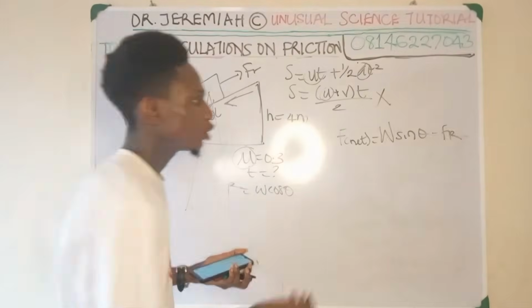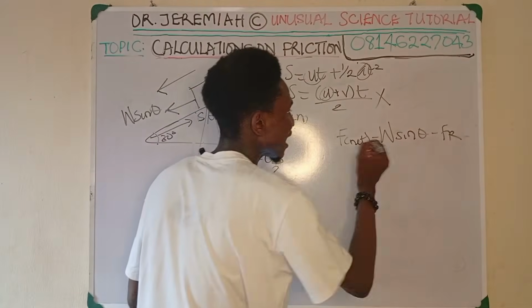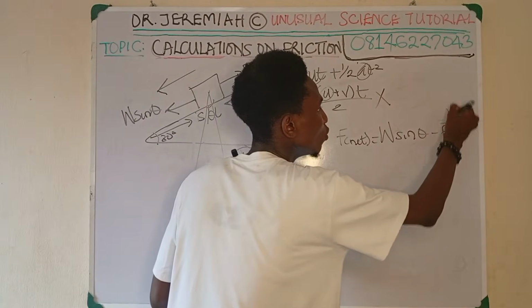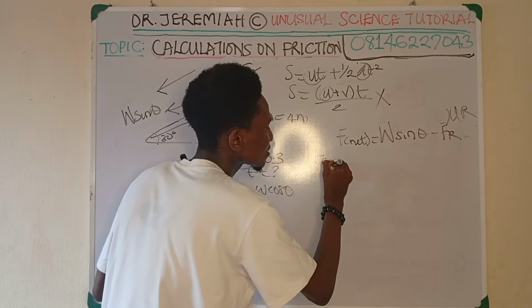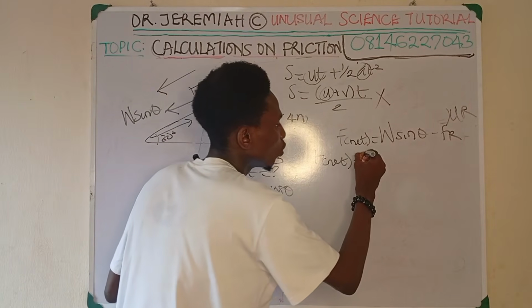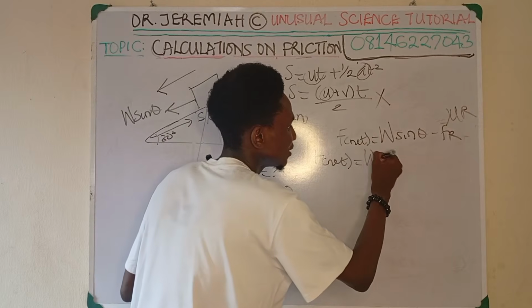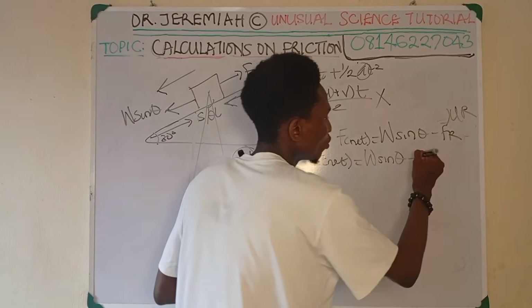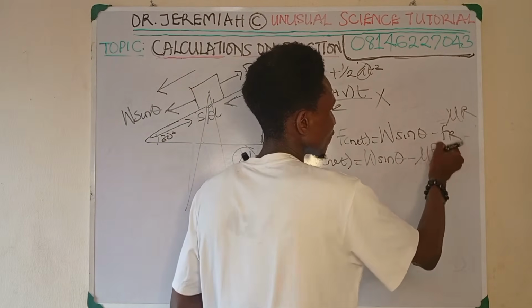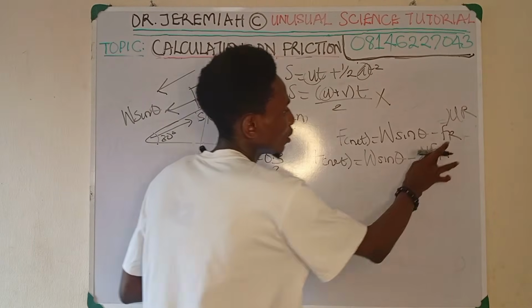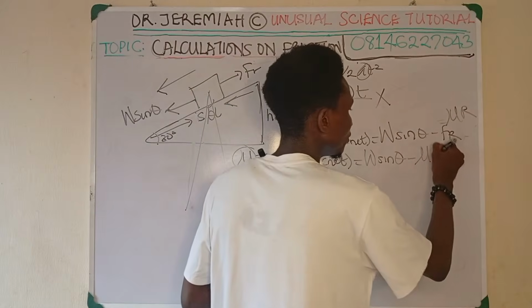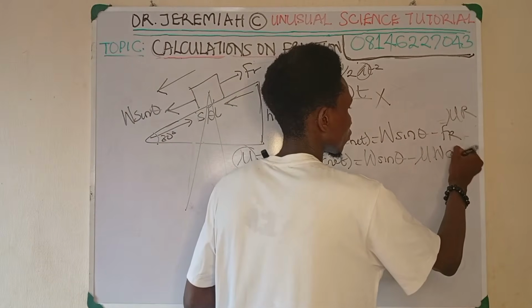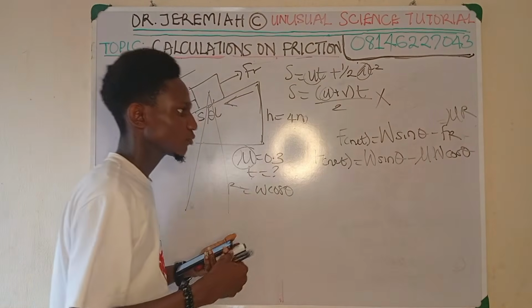Just replace it into that equation, because FR equals mu R. So if we replace, you're going to get F net equals W sine theta minus mu, by replacing R with W cos theta.